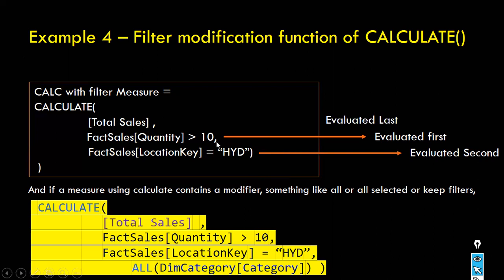Supposing in your data set you are selling in multiple locations, then there could be chances that all the locations have quantities more than 10, and the number of records will also be more. Let's say you started your retail shop in Hyderabad recently, maybe 6 months back.